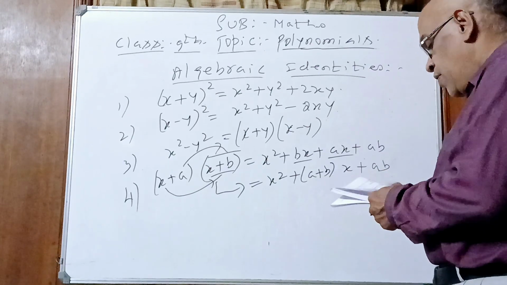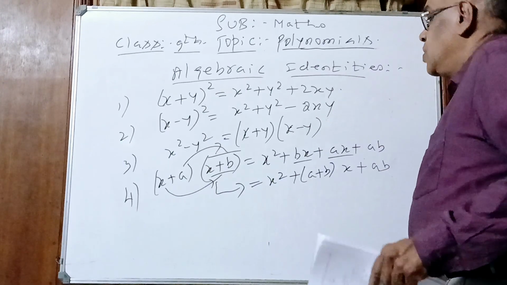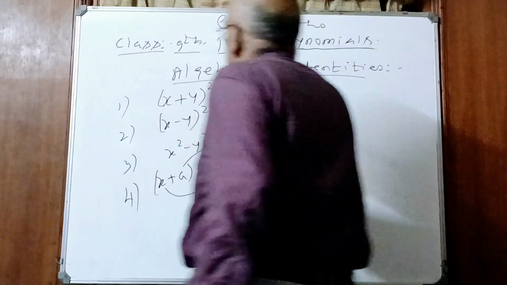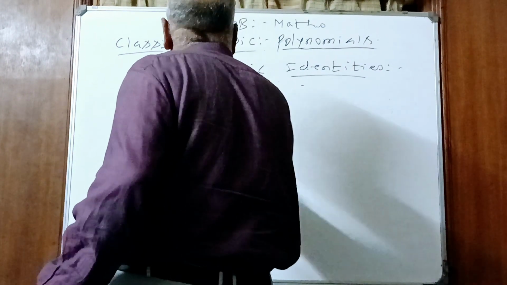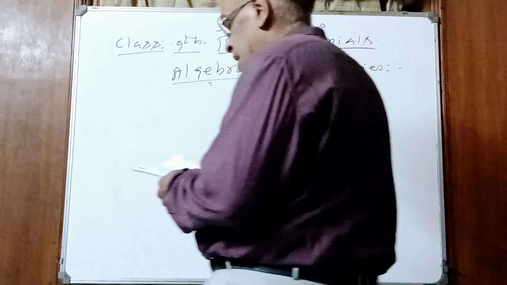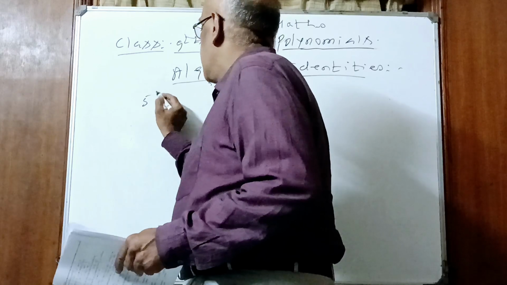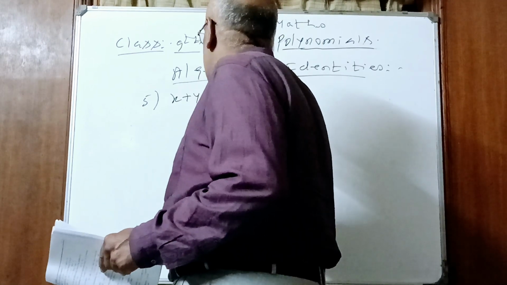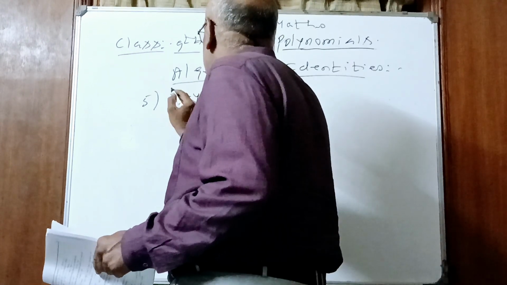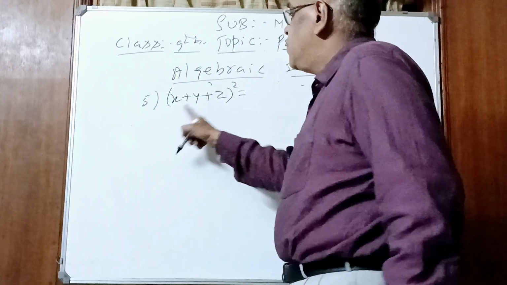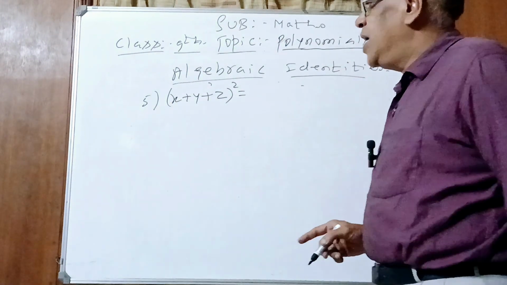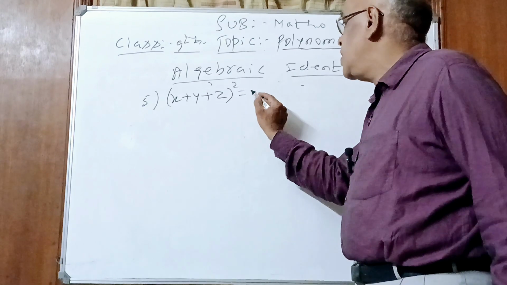Fifth one. Square of 3 terms. You can write it in a notebook about these identities and practice it. You have to solve sums based on this. Now, how do you do this, children? (x plus y plus z) whole square. Like we did (x plus y) whole square. What do you write first?